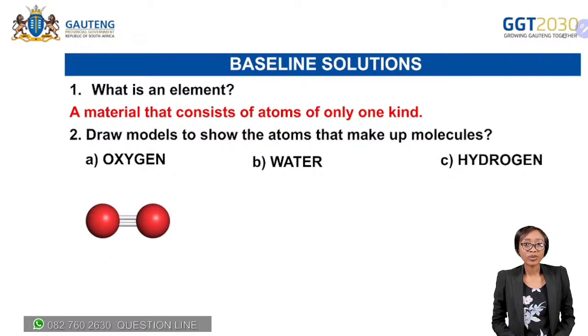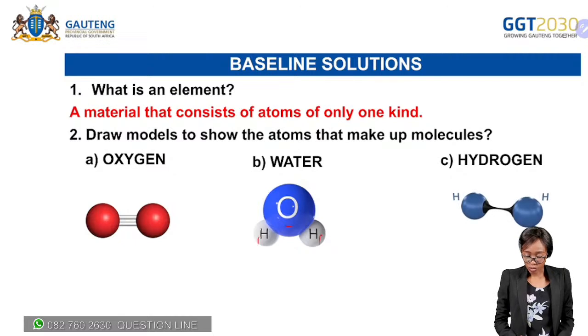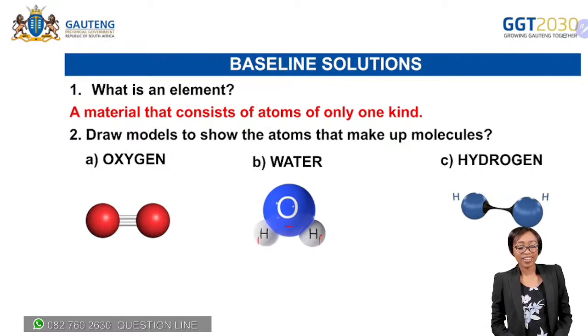So the oxygen molecule is made up of two oxygen atoms, and then the water molecule is made up of one oxygen atom and two hydrogen atoms. So that is the water molecule. Let's see the hydrogen molecule. The hydrogen molecule is made up of two hydrogen atoms.